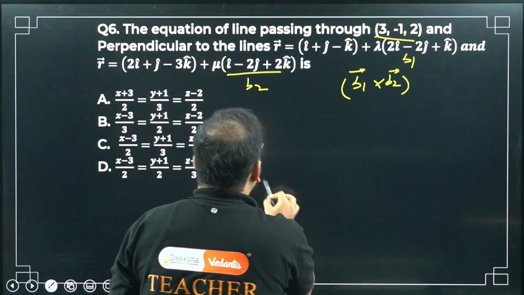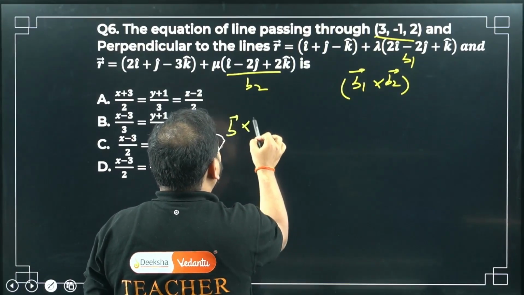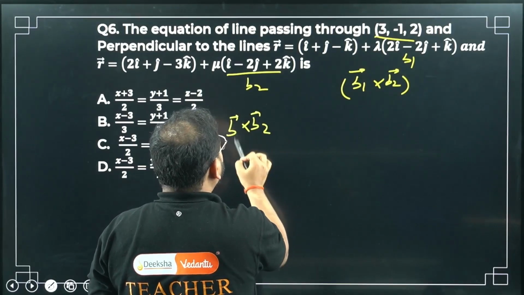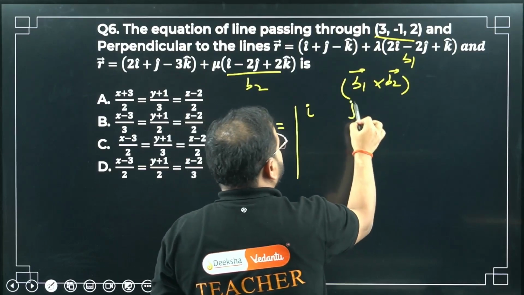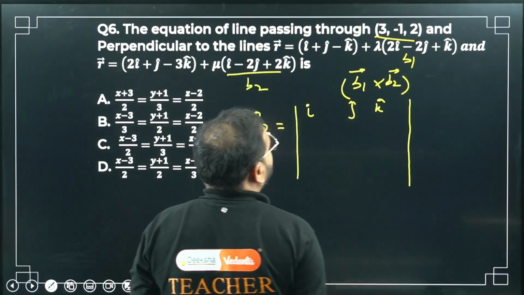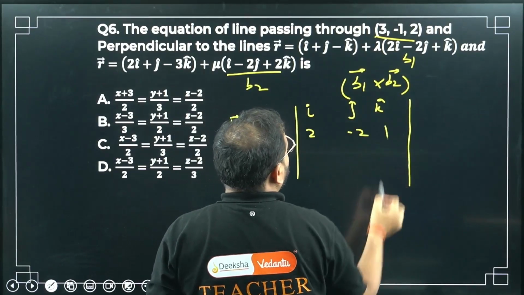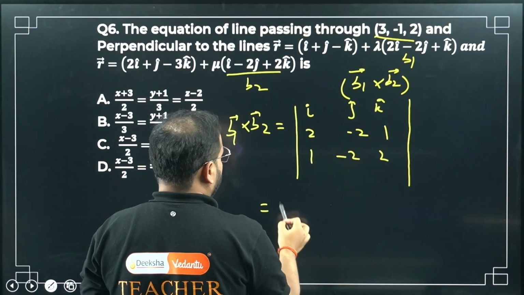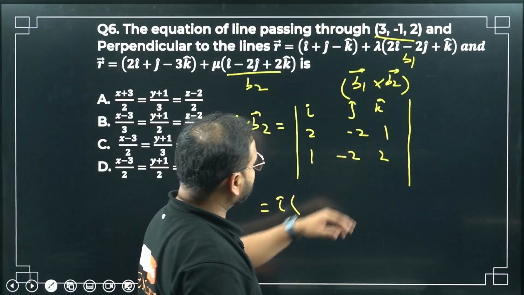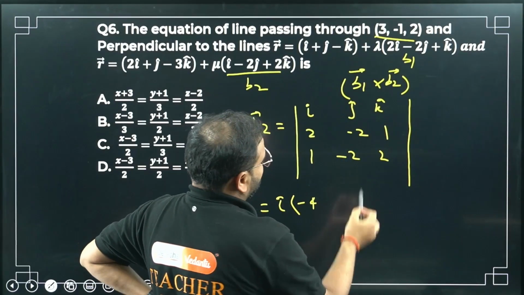So we write this value b1 cross b2 is given by what, bacha? First thing comes is i cap, j cap and k cap. Vectors now 2, minus 2 and 1, 1, minus 2 and 2. Right here i cap, so minus 4, and what is this coming as?